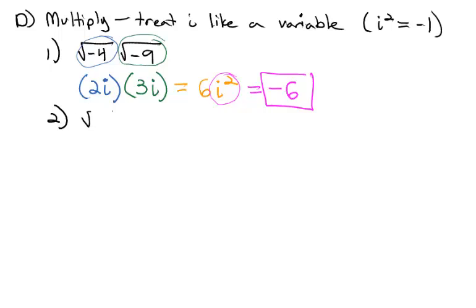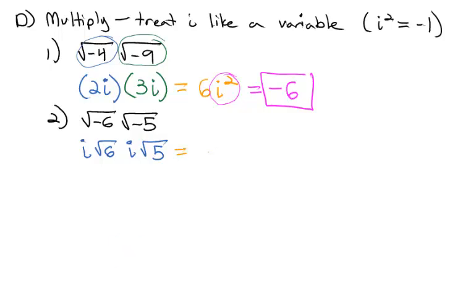So if we have the square root of negative 6 times the square root of negative 5, we can simplify the square root of negative 6 by pulling the i out, i root 6, and we can simplify the negative 5 by pulling the i out, i root 5.